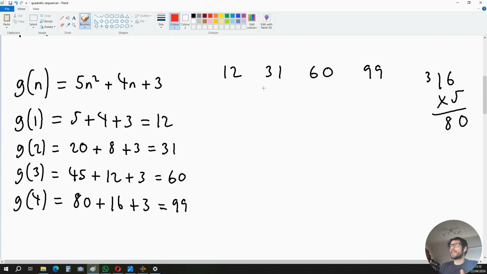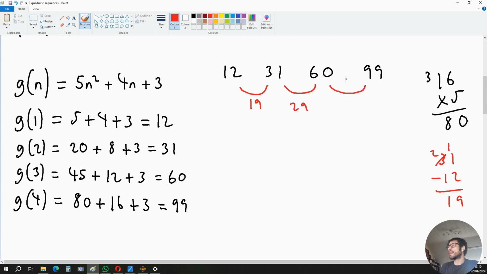Next up, we're going to find the differences between these terms. So 31 minus 12, what does that give us? So 11 minus 2 is 9. 2 minus 1 is 1. So the difference here is 19. The difference between 60 and 31 is 29.